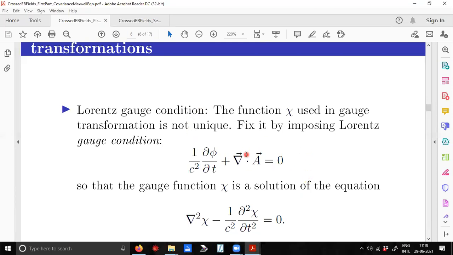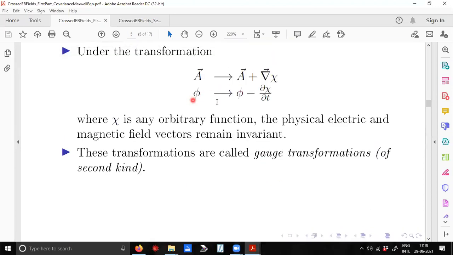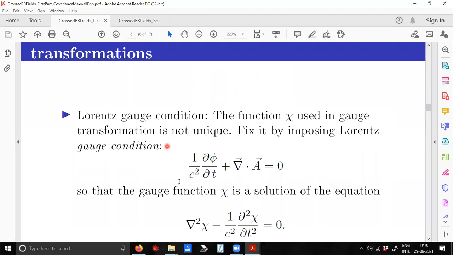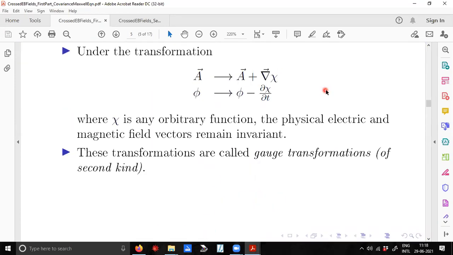If I impose this condition, and you change A to A plus gradient of chi, the condition imposes that del squared chi minus 1 over c squared dou squared chi by dou t squared is 0. This is a differential equation. Suppose you know the solution; then I will restrict to solutions of this kind only when I do a transformation like that.